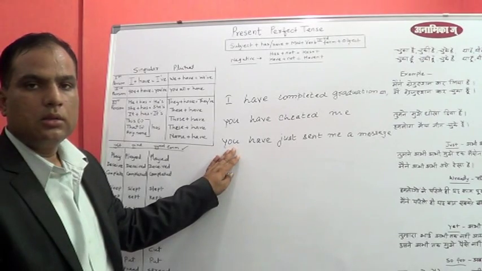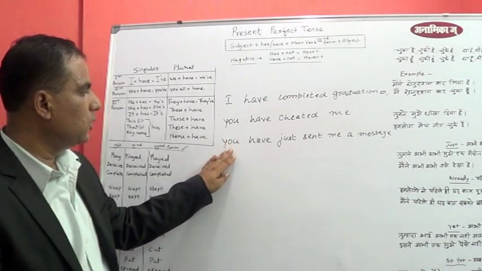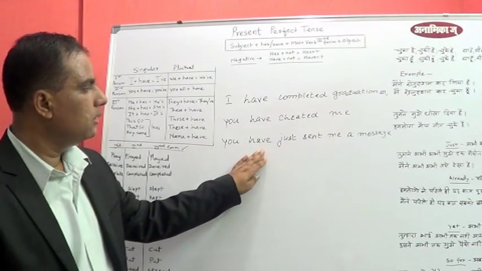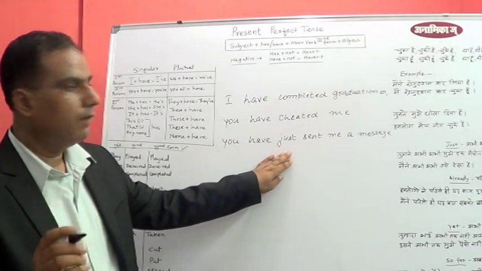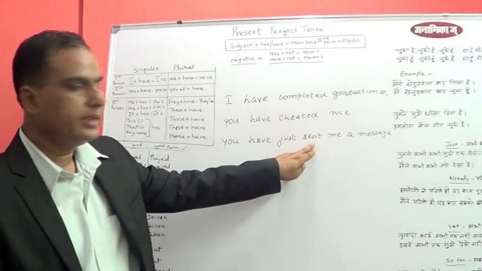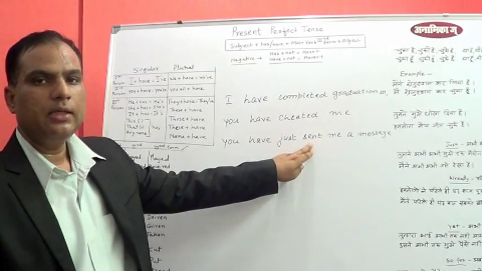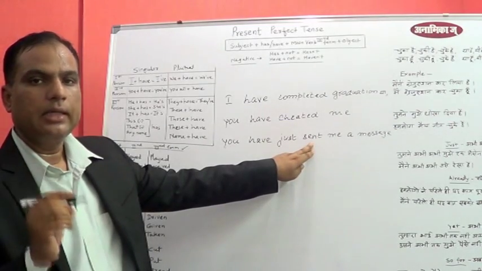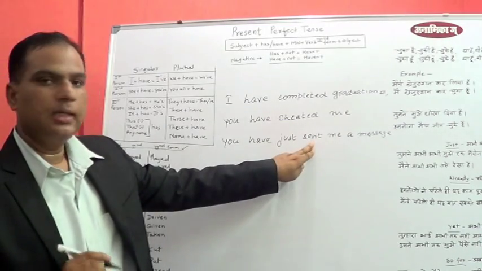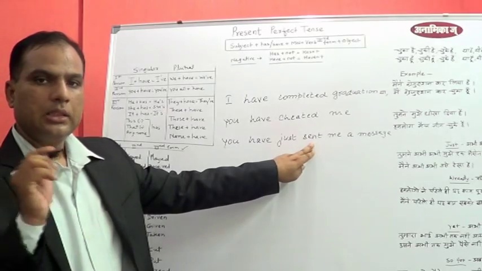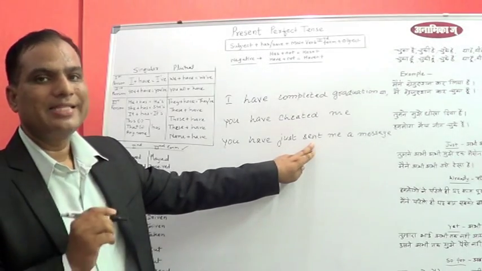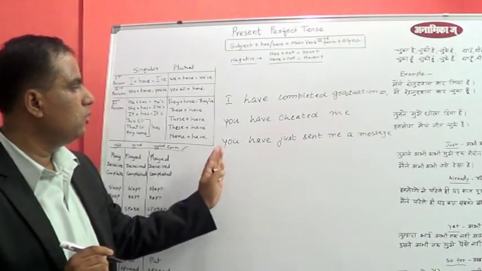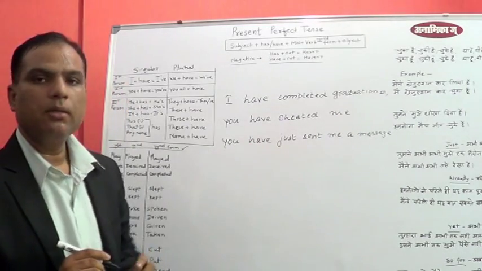So the sentence starts with you, which demands have as the helping verb, just is like abhi abhi, and sent. Now this needs to be noticed. Sent is the irregular verb. Sent is the third form of the irregular verb send, and then it is followed by the object. So you have just sent me a message.